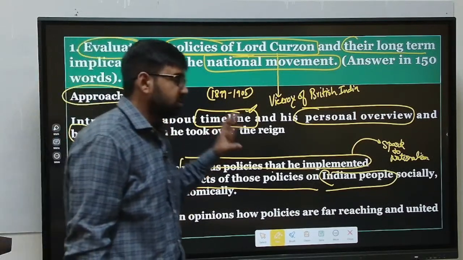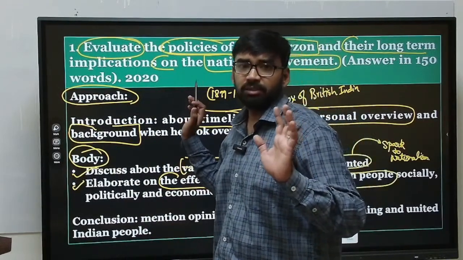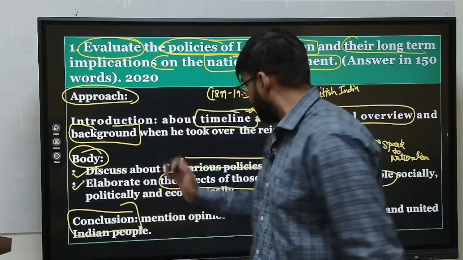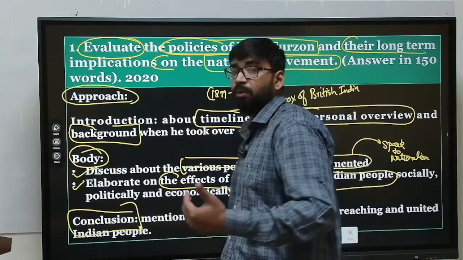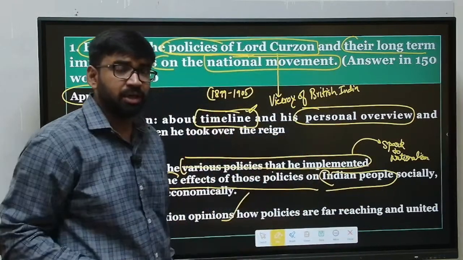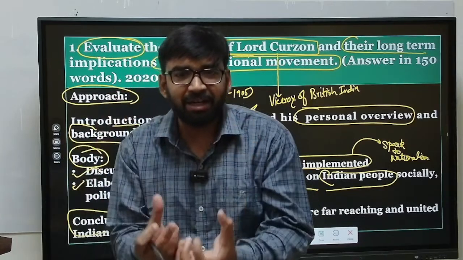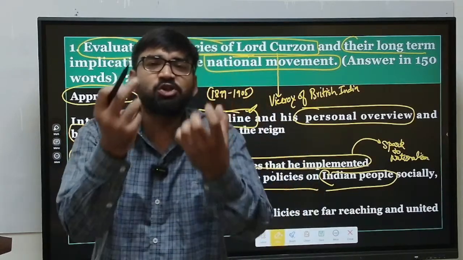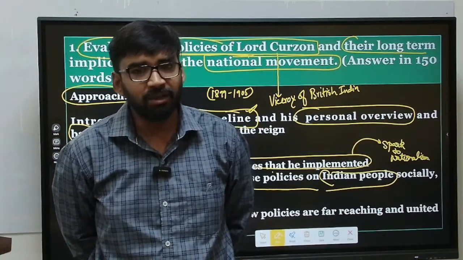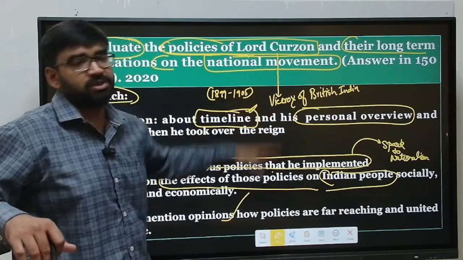These things will be there in the body of the answer. And the last, conclusion. Mention opinions on how these policies are far reaching and how these policies of Lord Curzon gave a sense of unity among Indians. This is the approach to write this answer.